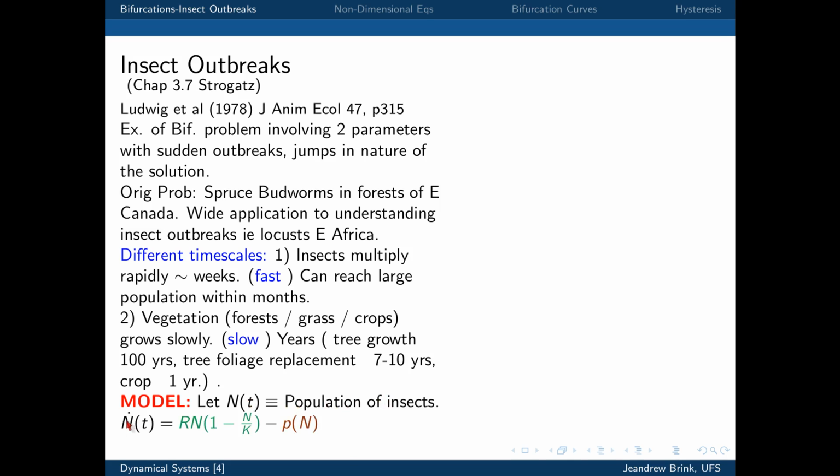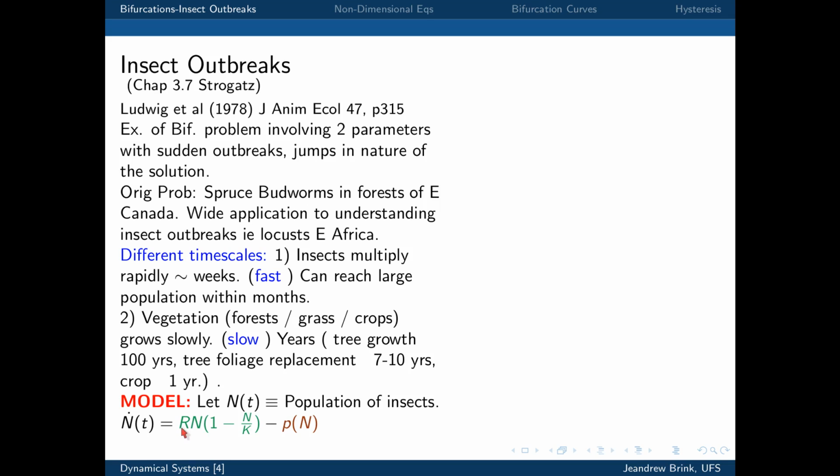He said n dot of t is equal to Rn times (1 minus n over K) minus some function p of n. And the reason why he chose it that way was, if you recognize this, I think from the second lecture, this is just your logistic growth model.